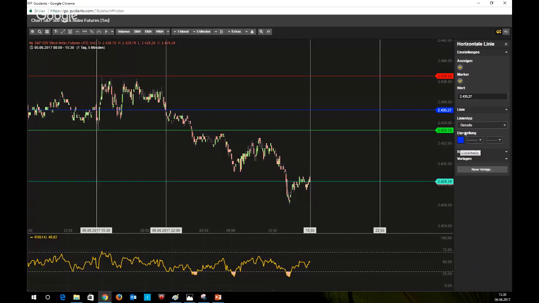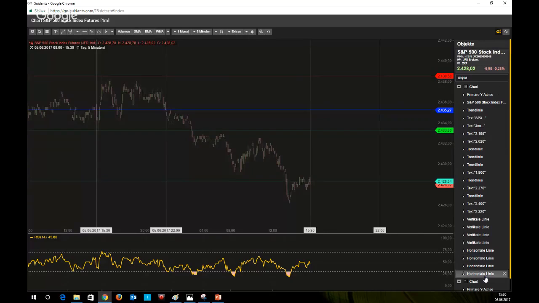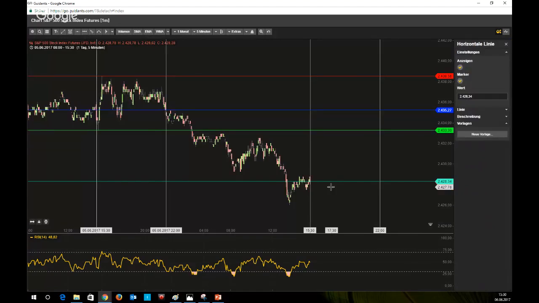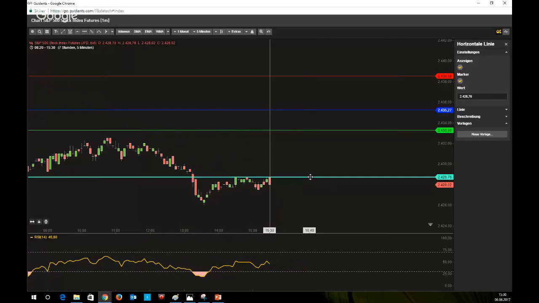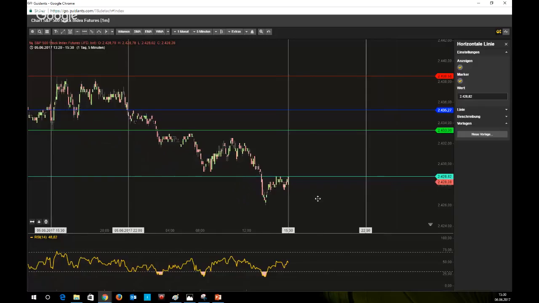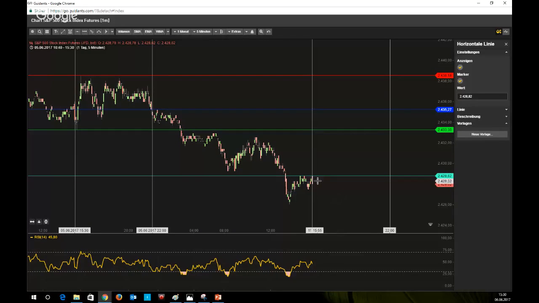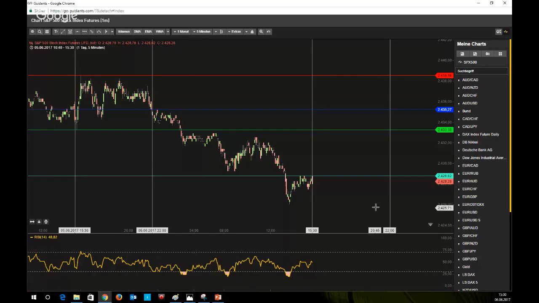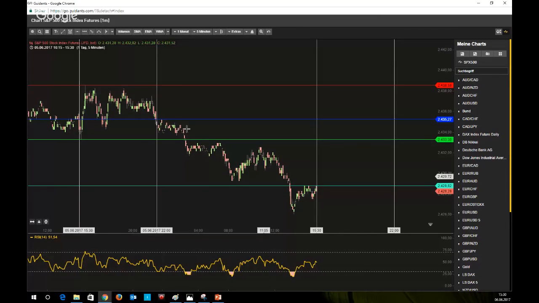By the way, I just saved it to be safe here. One second. So now I look for another horizontal line. It's here, and there we have to put it. So as you can see, this is the first tick of this current red candle, or current candle here of the market opening. So, well, what will we do now? It's very easy. So it's the 5 minute.